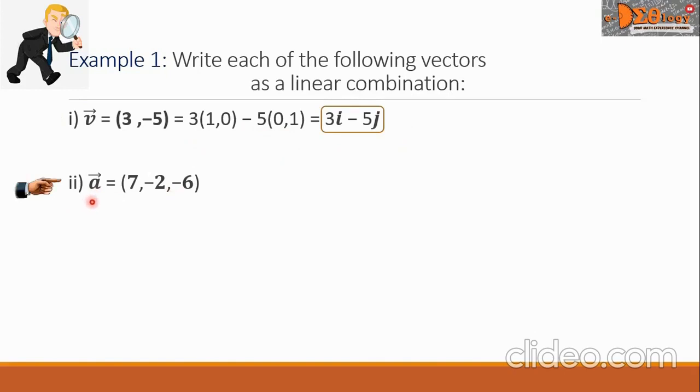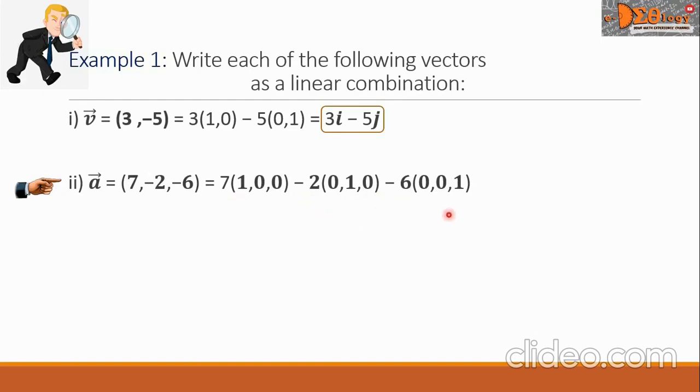Problem ii, vector a is equal to 7, negative 2, negative 6. We can show that this is equal to 7 times the triple coordinates 1, 0, 0 minus 2 times the triple coordinates 0, 1, 0 minus 6 times the triple coordinates 0, 0, 1.